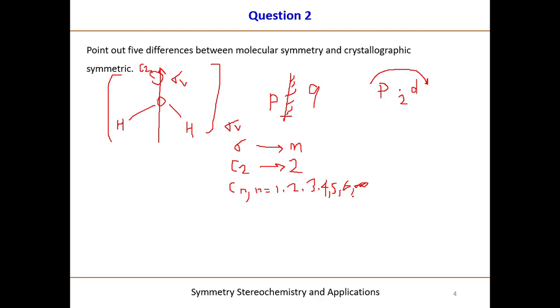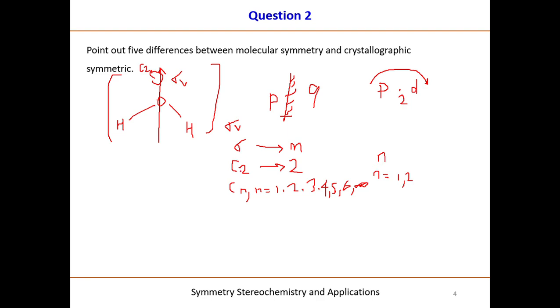Till infinity. While in case of the crystallographic symmetry, the number of fold of symmetry axis is given by n equal to 1, 2. We directly denote Cn here, and in crystallographic symmetry we directly write n.